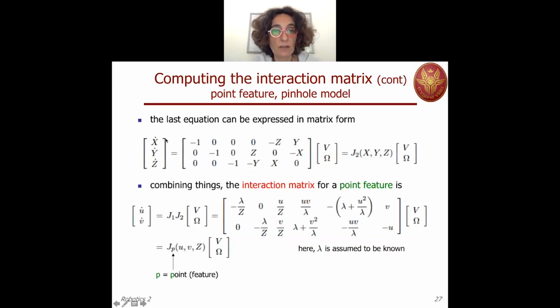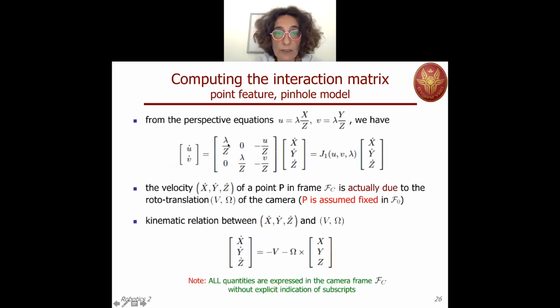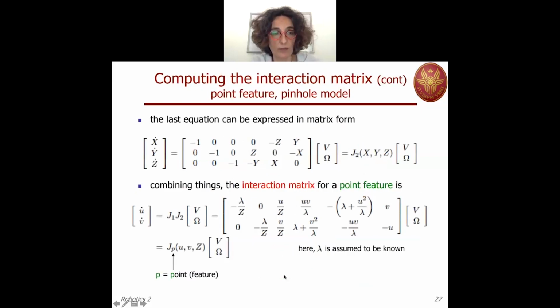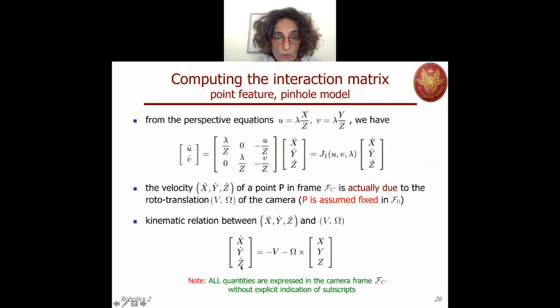we use that relationship to finally find the relationship between the velocities of the features in the image plane and the velocity v and omega of the camera. So we have written the relationship between the velocity of P in the camera frame and the camera velocities in this way.